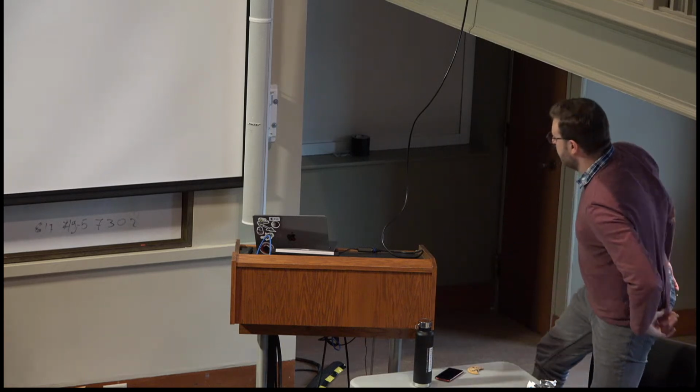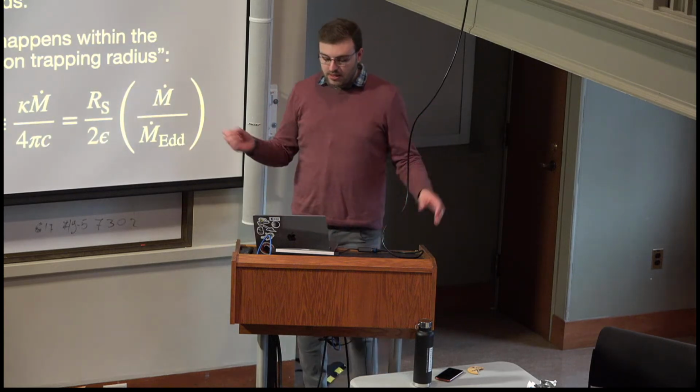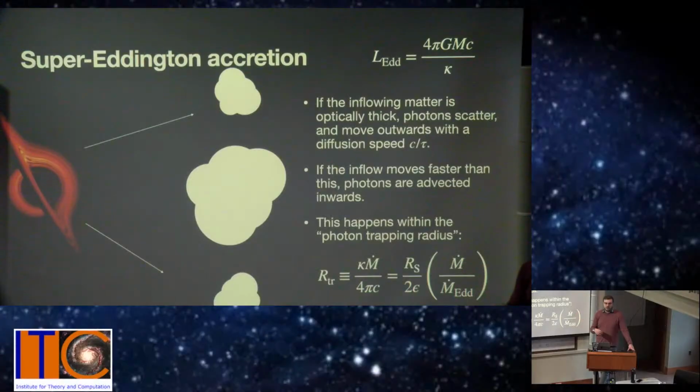Briefly, here's a random slide from a talk that I didn't give because I had COVID. If you have super-Eddington accretion, you've got an accretion flow pumping out radiation, and you've got gas moving in. If you've got enough gas being dumped onto this black hole and it's optically thick, the photons will scatter as they pass through the inflowing gas, so they'll move out with a diffusion speed rather than the speed of light.